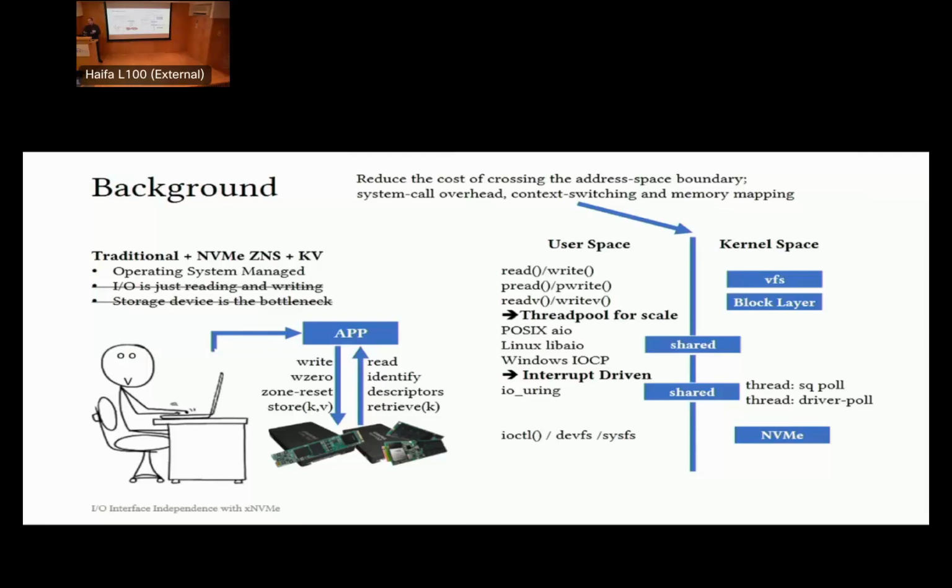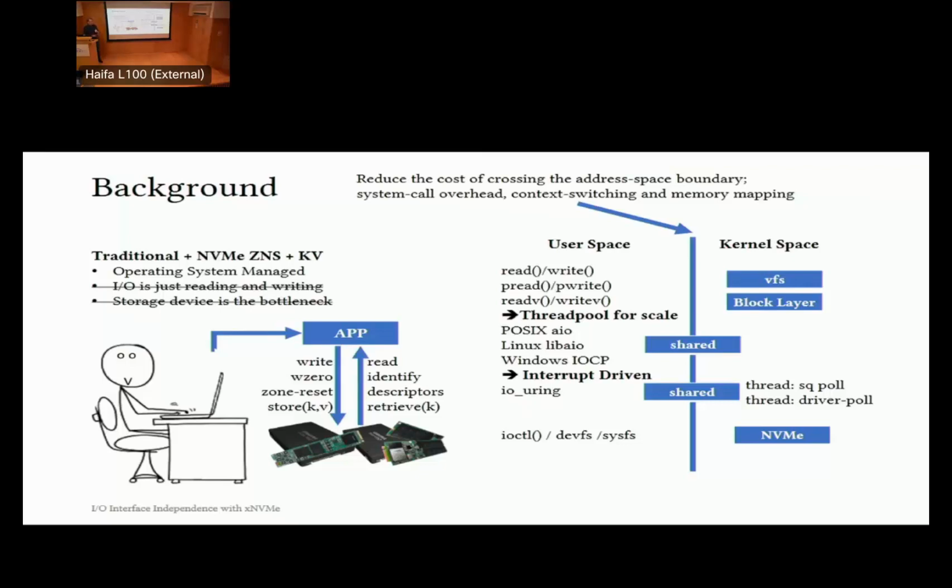We now have KV SSDs, where the interface from the NVMe SSD is actually the ability to send a key-value store directly to the device. And that can also be over a fabric, so over the network, you can talk directly to your device and send a KV store. And on the verge is now also computational storage, where you can actually load programs and run programs directly on your storage device.